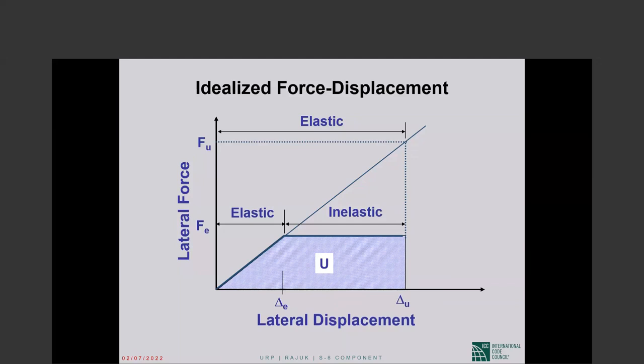So if we want to design for a low strength level, we would need a high degree of inelastic deformability, which would mean fancy detailing of the structural members and joints. And if we are content to design for a high strength level, then we need only cruder detailing.